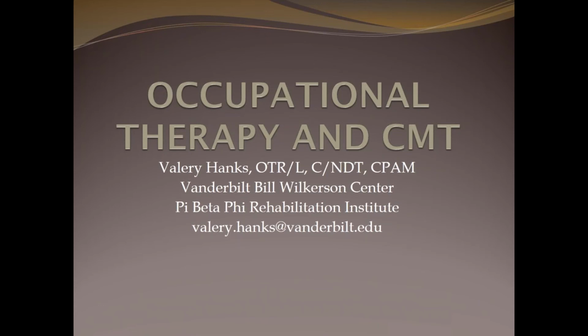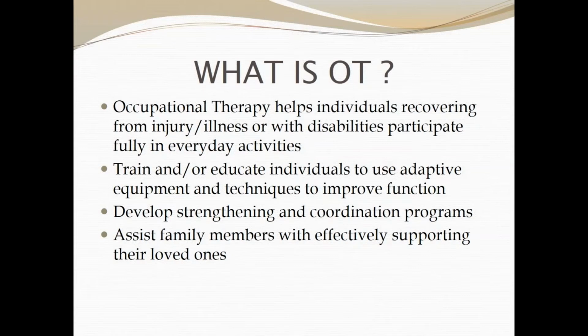So we will proceed. For those of you who aren't familiar with what OT is, occupational therapists work with people who have had an injury or an illness or have a particular disability. We work with them to be more independent and function in their everyday lives. We educate them on how to use adaptive equipment as well as various techniques to make them more independent.